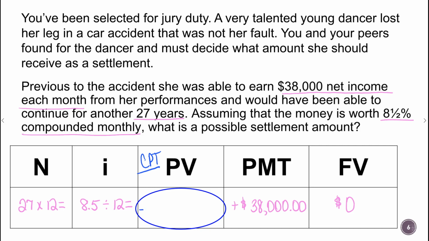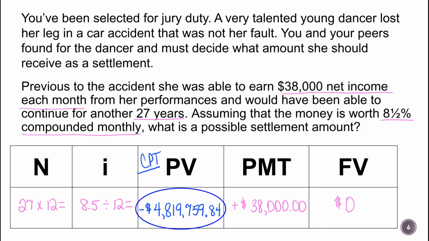So that amount comes out negative, remember, because it is going to be in an account. It is $4,819,759.84. So that would be a nice amount to have sitting in the bank for sure.